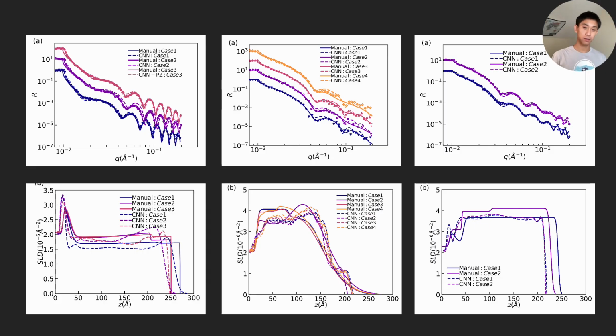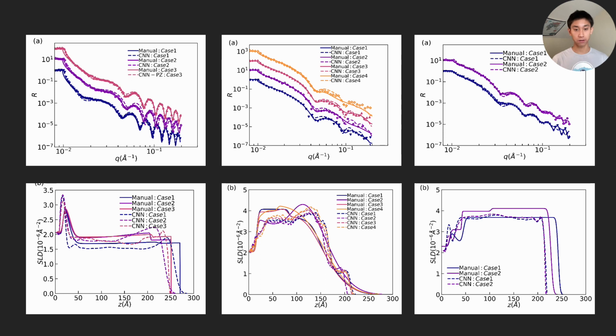So here are the final results using convolutional neural networks. The top three panels signify the neutron reflectivity curves being input into the convolutional neural networks. Within each picture, you can see the original experimental neutron reflectivity curve, the manual fit method, as well as the convolutional neural network's fit.